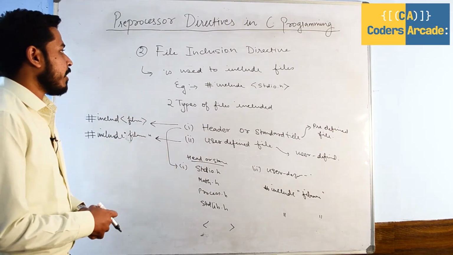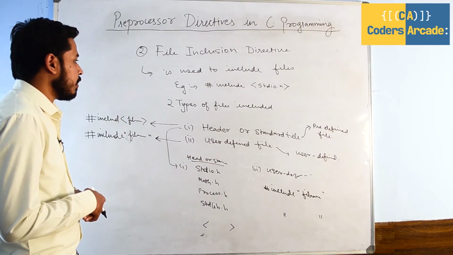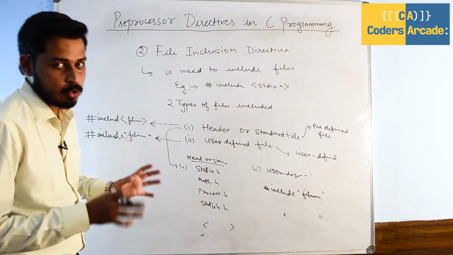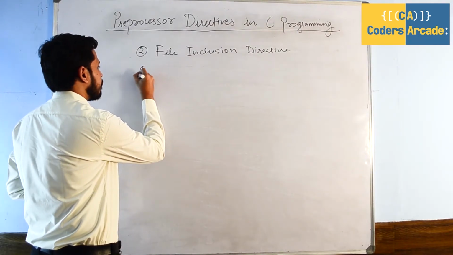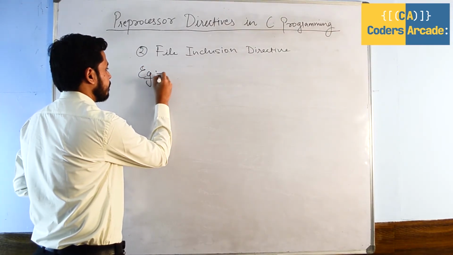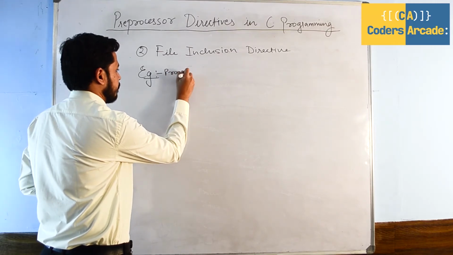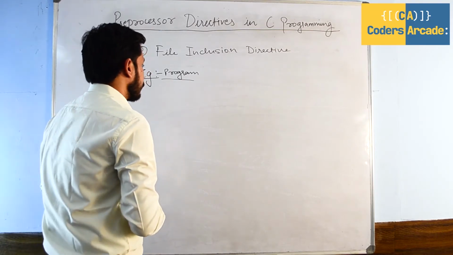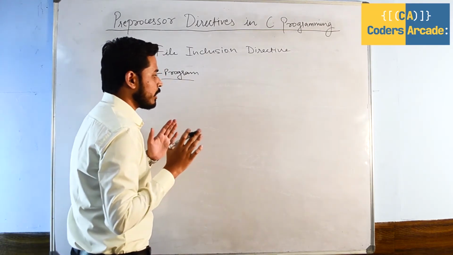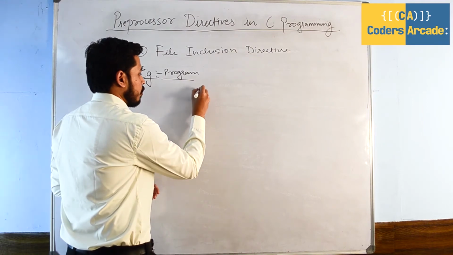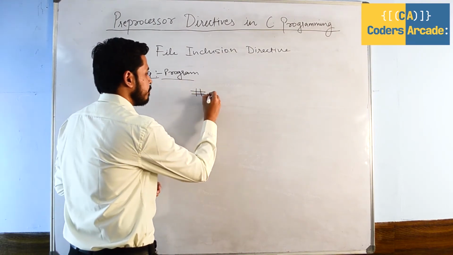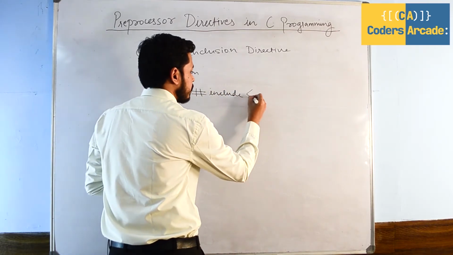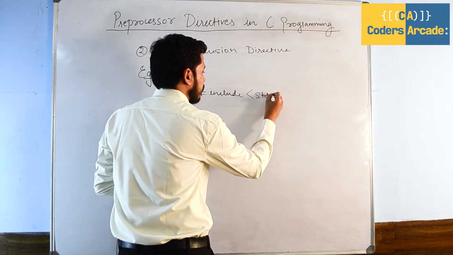So this is all about file inclusion directive. Now let us understand this topic with the help of an example program. Example program for file inclusion directive. To include a basic file, we always start with #include. These are the header files, stdio.h.